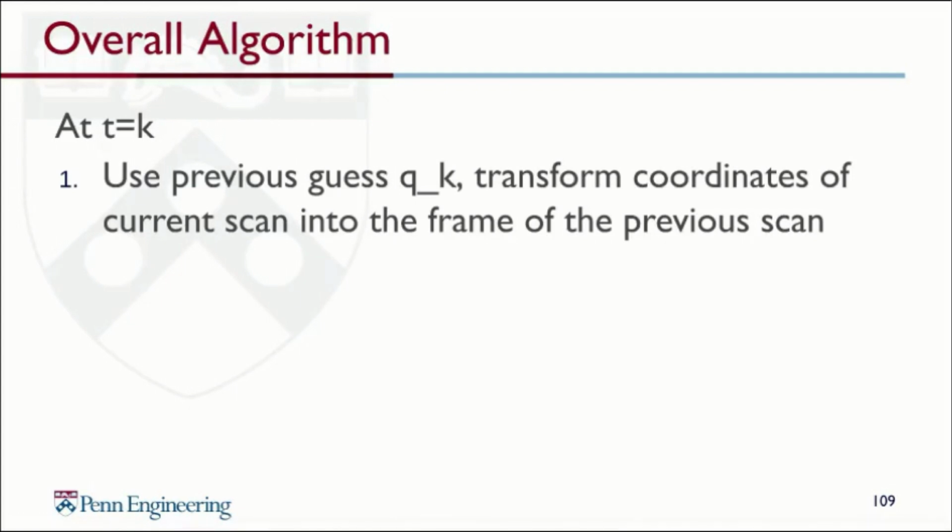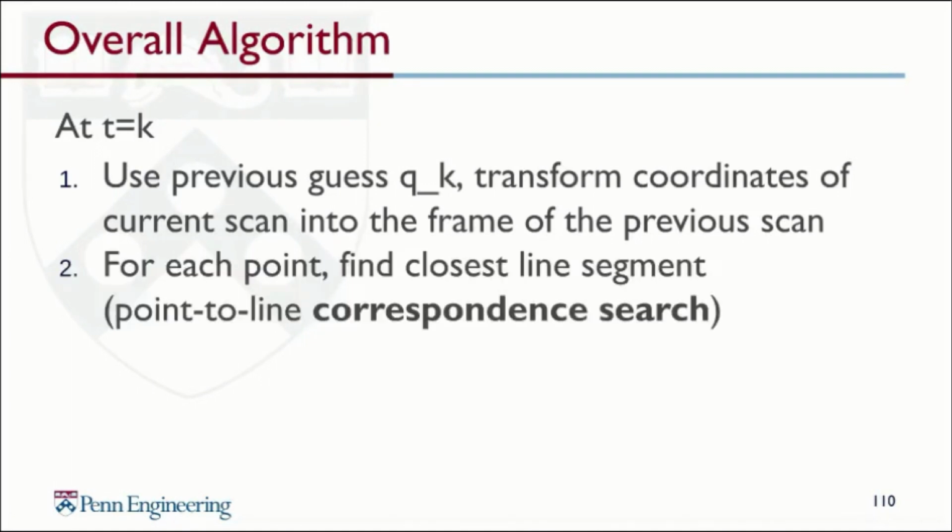Now, at any given iteration of the algorithm, t equal to k, we use the previous guess q of k to transform the coordinates of the current scan into the frame of the previous scan. And then for each point, we find the closest line segment, which is the point-to-line correspondence search that we covered before.